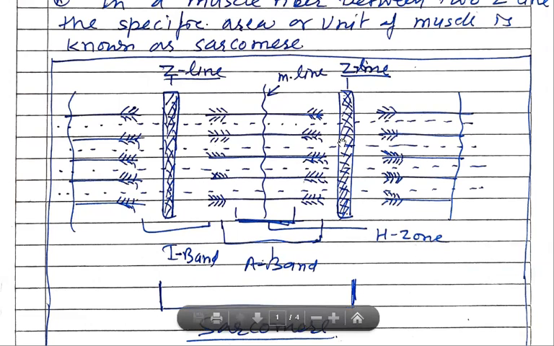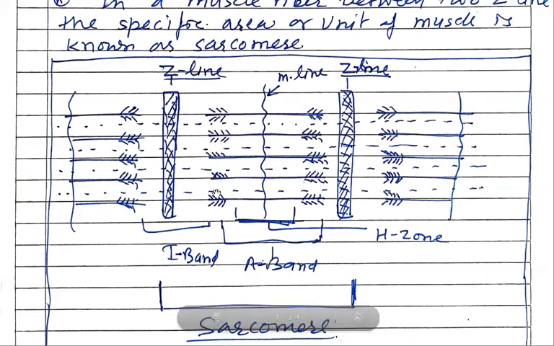The area of the sarcomere can be divided by the middle M line, and the area beside the M line is known as the H zone. The anisotropic area, which lies in between the Z lines, is known as the A band.